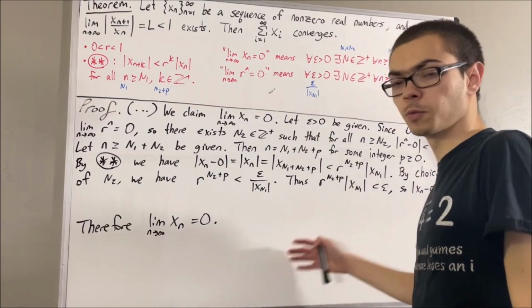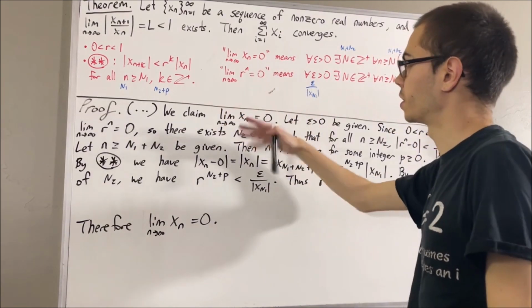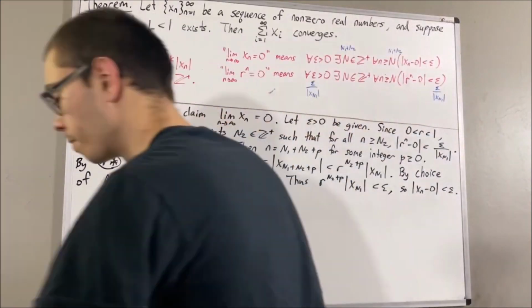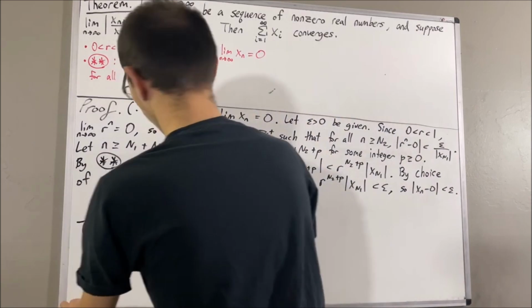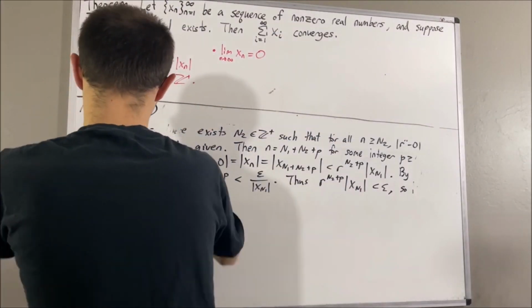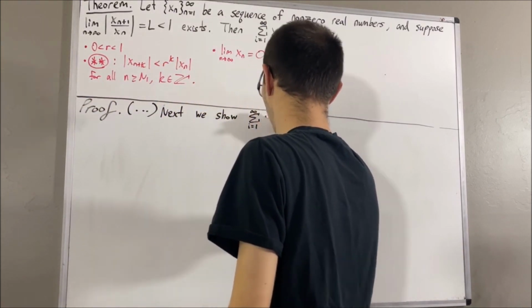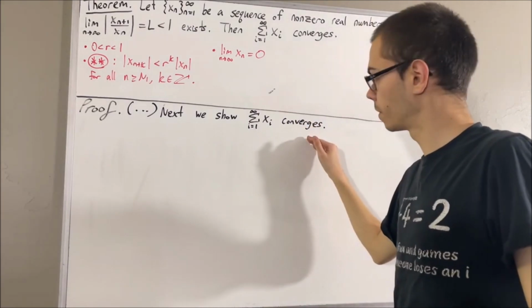And so now we're going to move back to the top, because now we're going to move into the next important part of the proof, which is proving that this infinite series actually converges. So next, we're going to show that this infinite series converges.